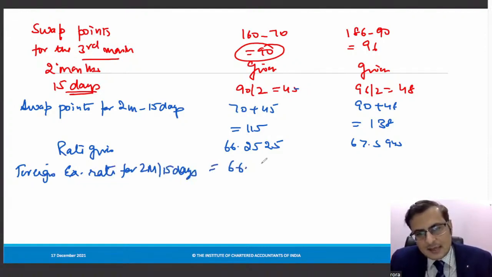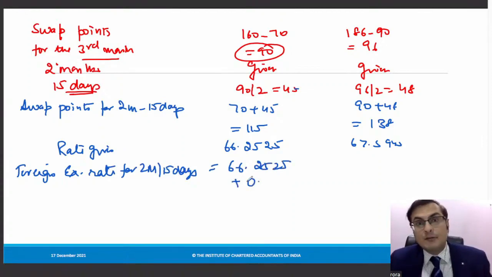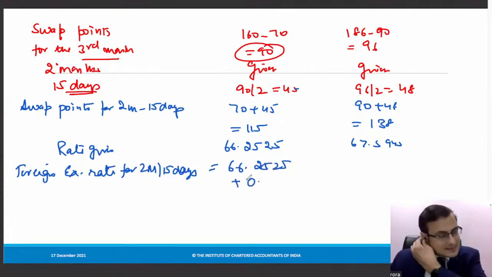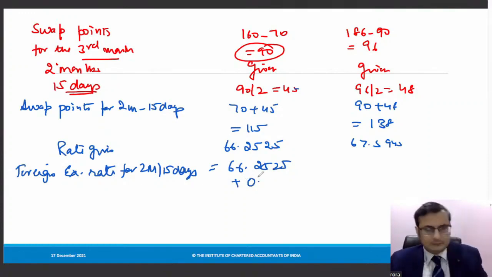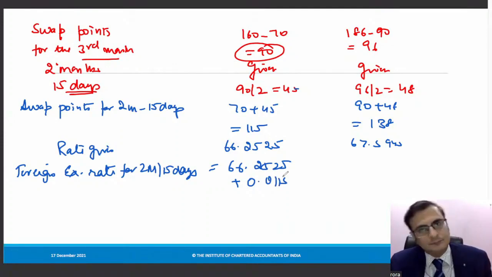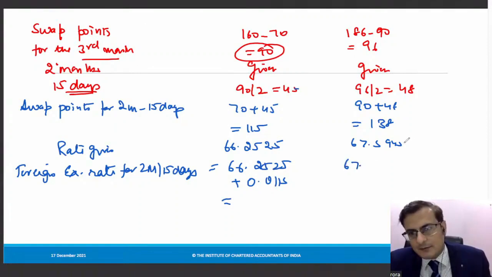See carefully. 66.2525 plus, 4 places, 0.0115. And the other one, 67.5945 plus 0.0138.